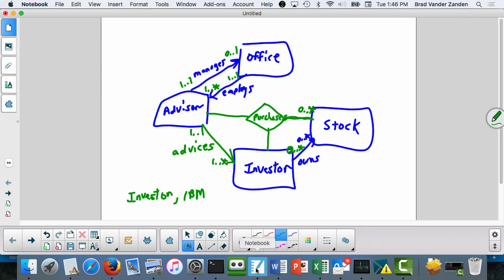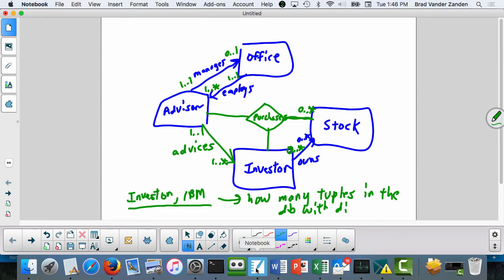That is true, but the question is how many tuples for this combination of investor and IBM could there be in the database with different advisors.